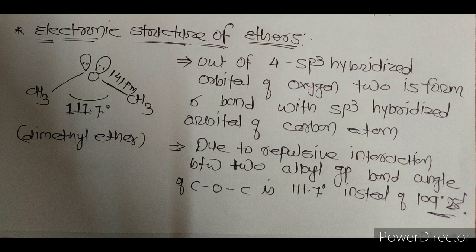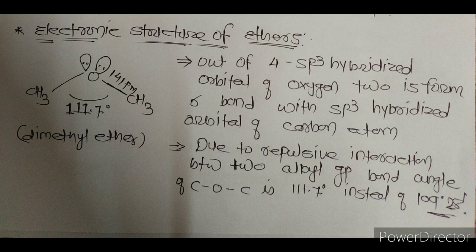Now, due to the presence of two CH3 groups, they possess repulsive interaction. Here the methyl group is an electron donating group, hence two electron donating groups are present near oxygen, so repulsion takes place between the two methyl groups. Because of this, its bond angle is 111.7 degree.